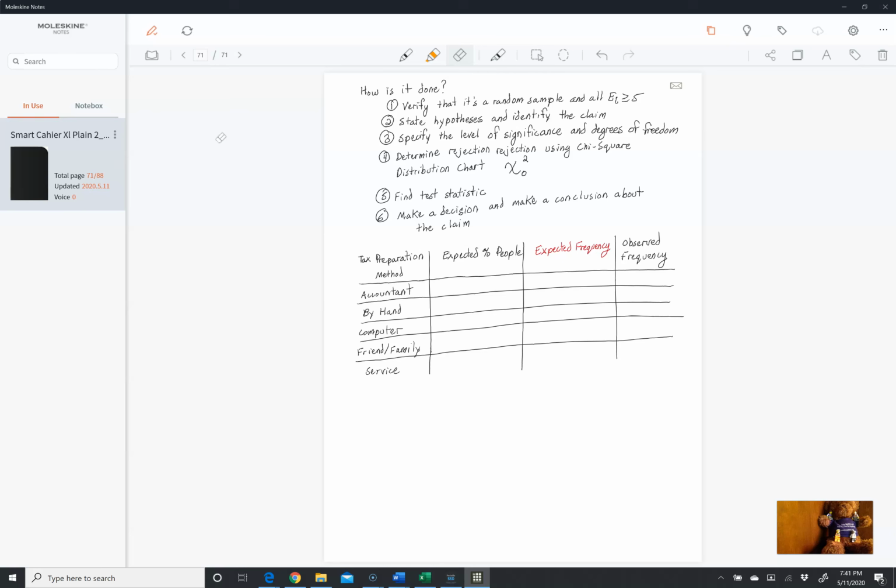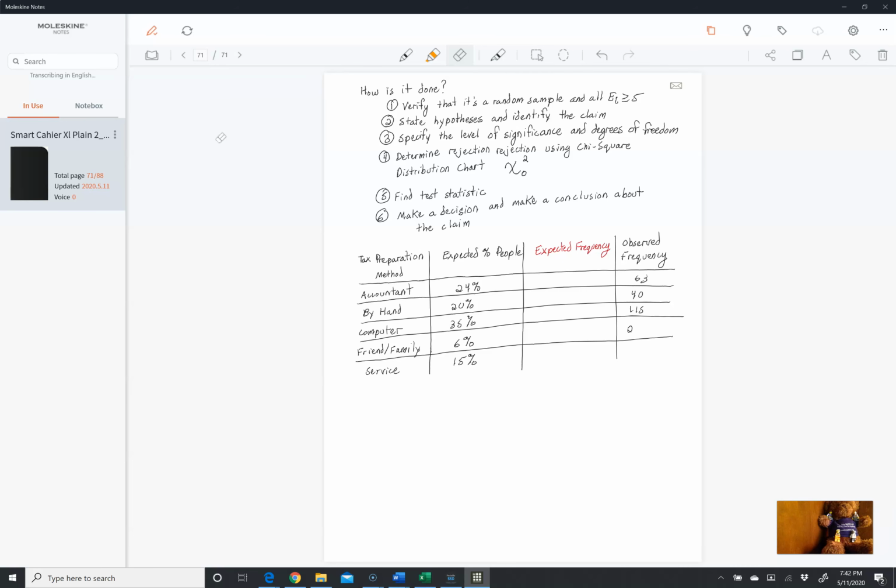Okay, just to review, our expected percent was 24% for accountant, then 20%, 35%, 6%, and 15%. The observed frequencies, when we did the sample and we asked the people in the sample, was 63, 40, 115.